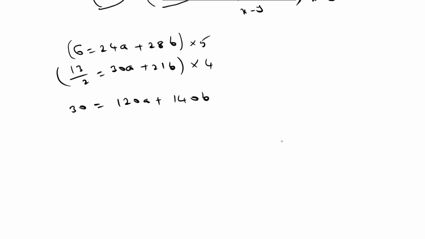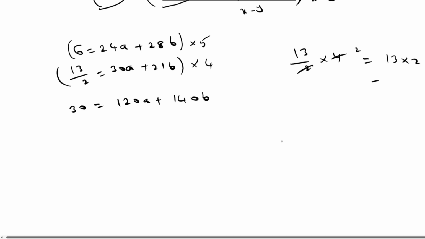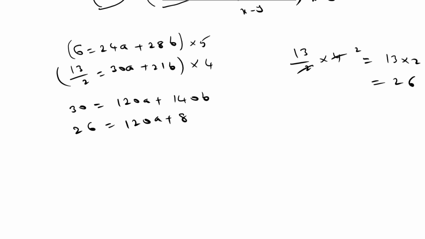Now 13 by 2 into 4, right? So 13 by 2 into 4, 2 twos are 4, we remain with 13 twos are, which is nothing but 26. So here 26 equals 120a plus 21b into 4 is 84b.